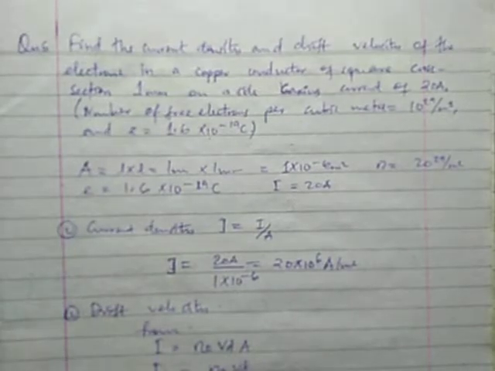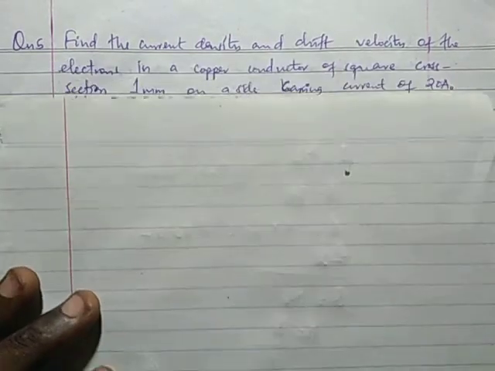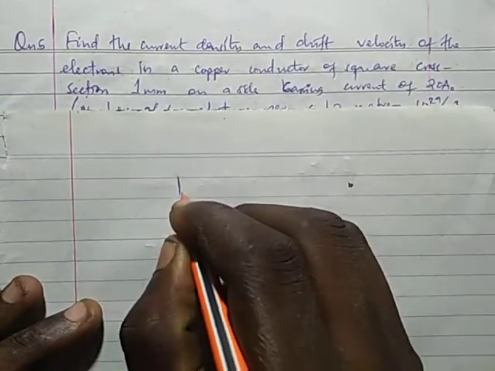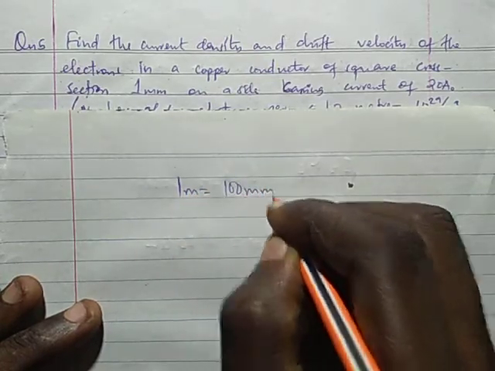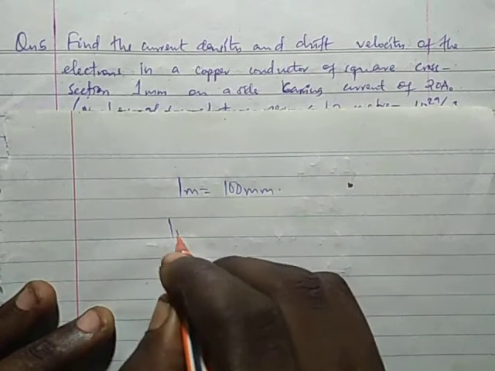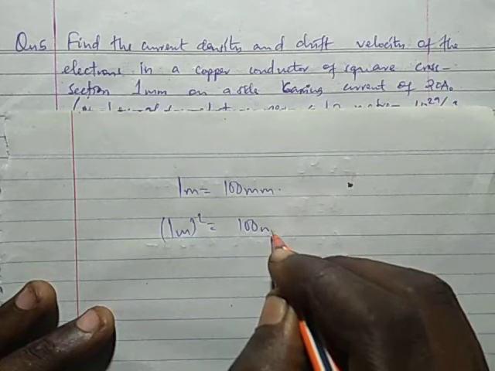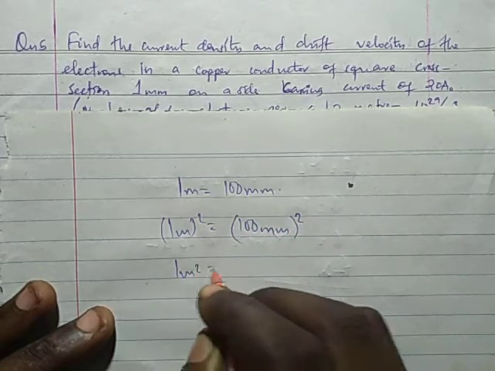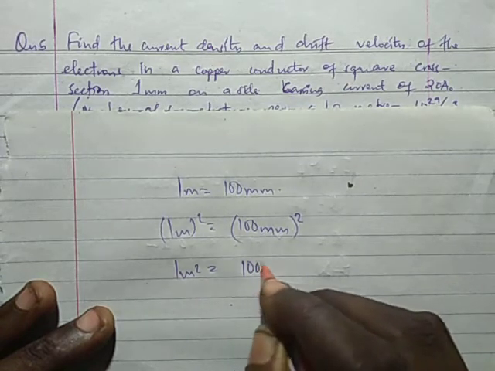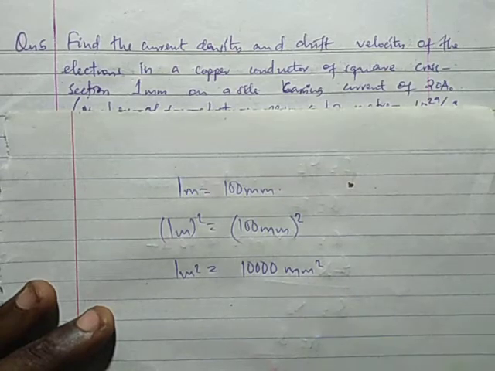As we know, kama tunavyofahamu kwamba 1 meter ni sawasawa na 1000 mm. So 1 meter square ni sawasawa na 1,000,000 mm square.